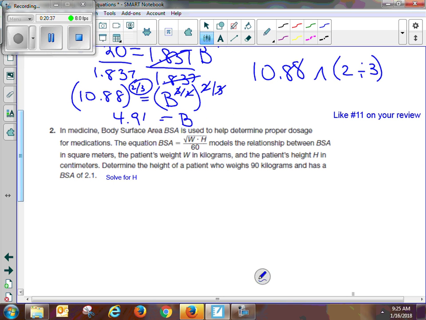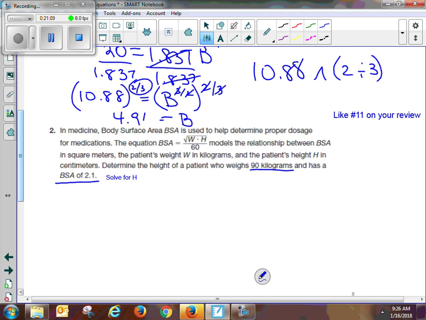Read number 2. I can't read it. Okay, so it's a good story, and they're giving you some numbers to plug in, right?